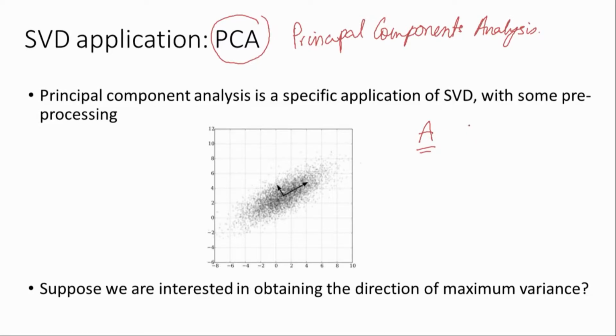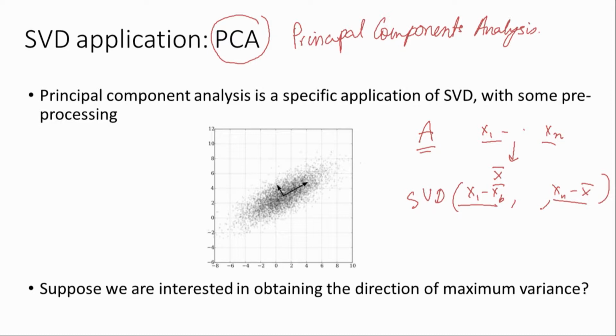When we get a set of data points, let's call them x1 to xn, we first compute the mean of the data points and then subtract the mean from everybody. So instead of the original data points, we do a mean subtraction and then take the SVD of these. That's all PCA is.